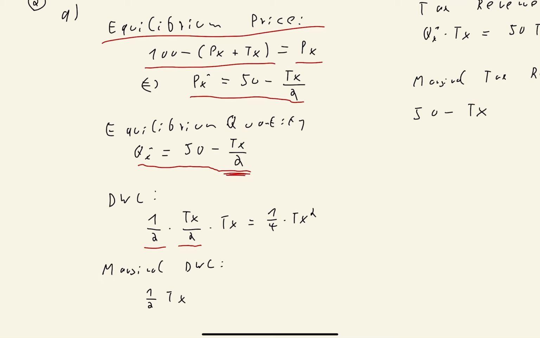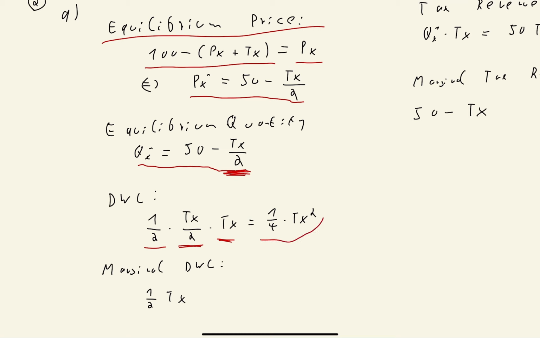So if there is a tax of 0, there is no change of quantity. If you take the no tax environment as a benchmark, as soon as the tax is strictly positive, you will see that there is a change in the quantity which is traded in this economy. So it's Tx divided by 2 here, and this will be multiplied by the tax again.